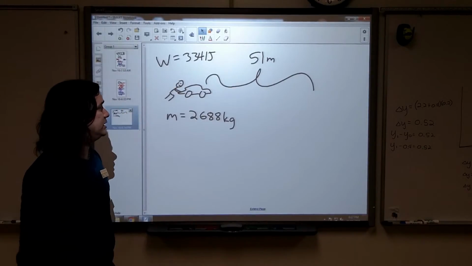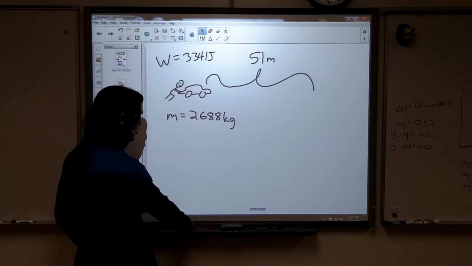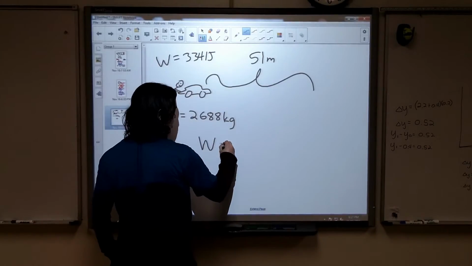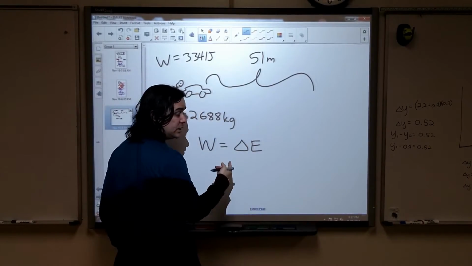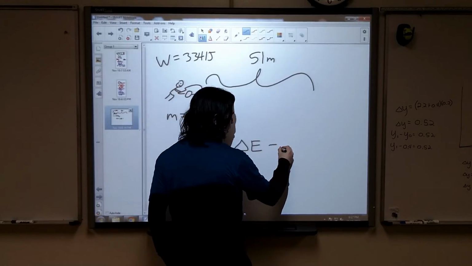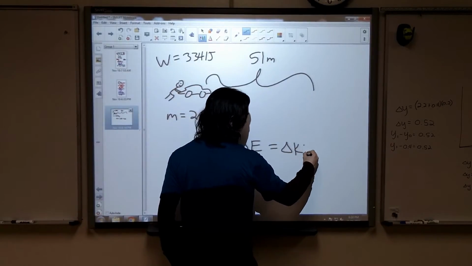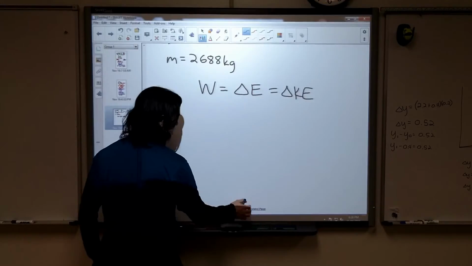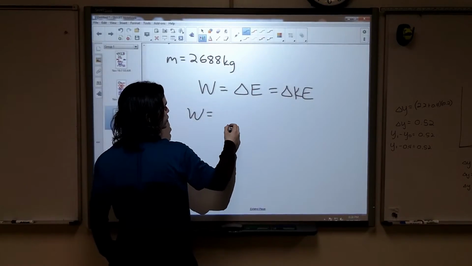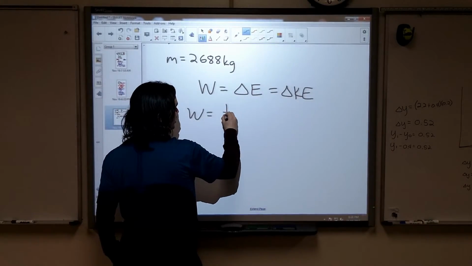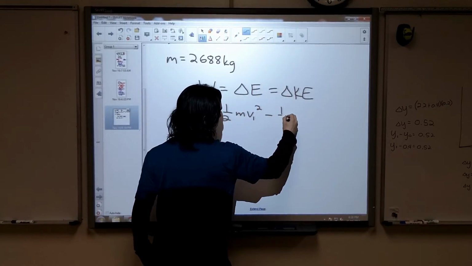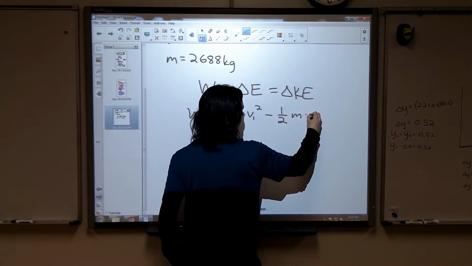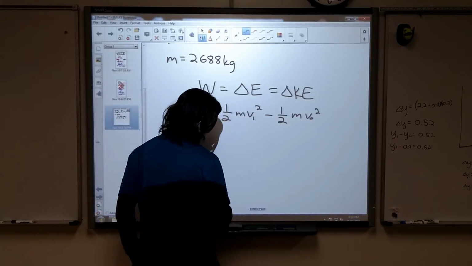And I don't have any springs in this, so it turns out that when I say that work is going to be equal to my final energy minus my initial energy, delta E, in this case, the only energy that I need to take a look at is my kinetic energy. Okay, well, my work is going to be equal to my final kinetic energy, 1/2 mv final squared, minus my initial kinetic energy, 1/2 mv initial squared.